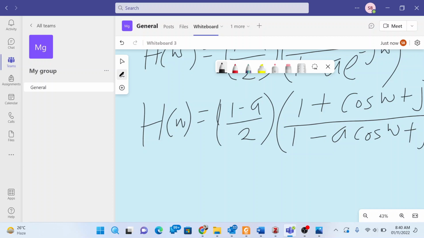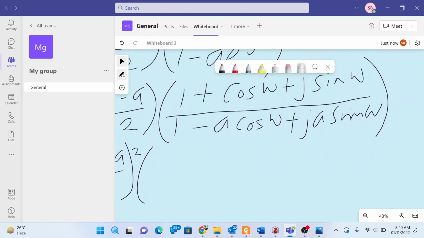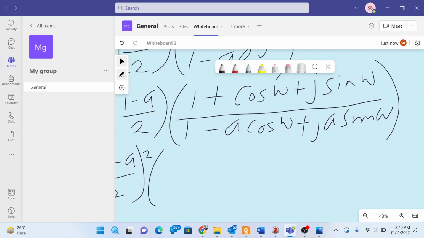We now want to get the magnitude of H omega, the square of the magnitude. So the magnitude of H omega squared is going to be the square of this one as well. This is 1 minus a all over 2 squared, and when you square this, the real part is 1 plus cos omega.